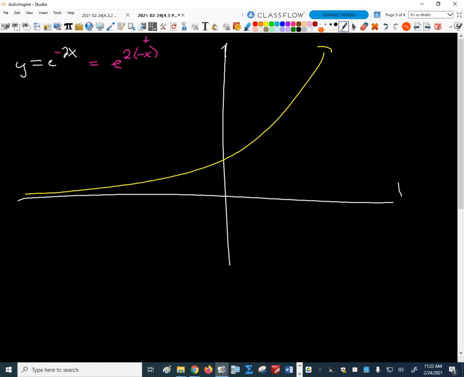If I multiply a function by a negative, it reflects it over the x-axis. Andy, what's it do if I multiply the input value x by a negative 1? It's the same thing as like 1 over x to the 1. Well, true, but what's it do to the graph is what I want to know. Is it like, as the x gets larger, does it get way smaller or something?